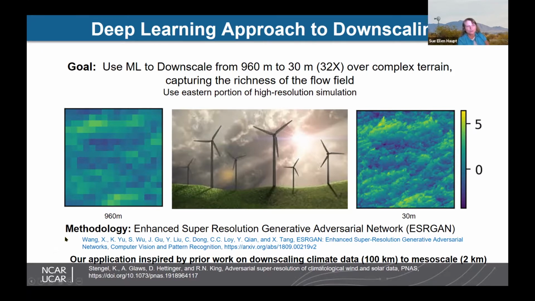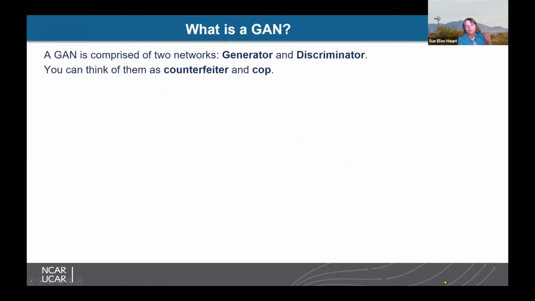And the method we're going to use is the Enhanced Super Resolution Generative Adversarial Network, or ESRGAN. And this work is inspired from work at NREL that we saw last year, where they took climate model data at 100 kilometers and downscaled to the mesoscale at 2 kilometers. And seeing that success inspired us to try it at the mesoscale to microscale.